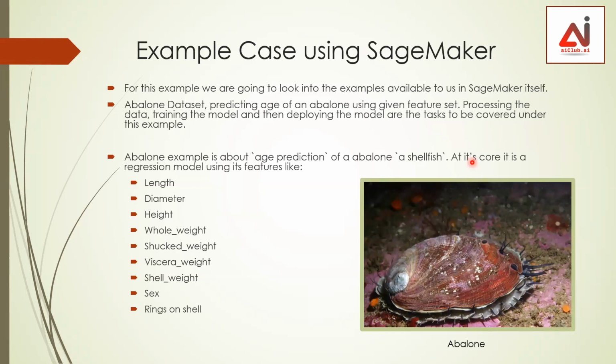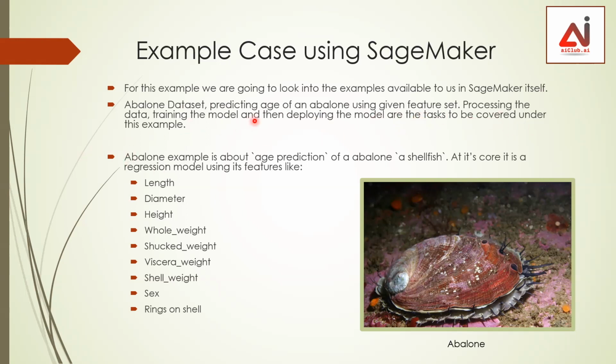Coming up to the example, we are going to use the example that is given to us by AWS SageMaker itself. It's a very popular one, predicting the age of an abalone by using a certain feature set. Abalone dataset: predict age of an abalone using the given feature set.